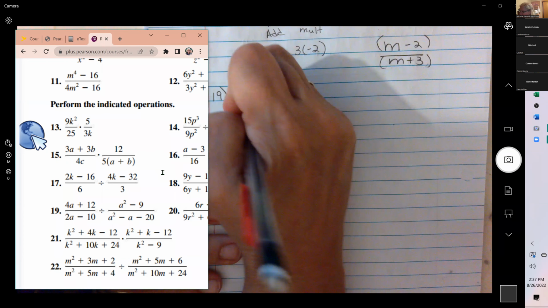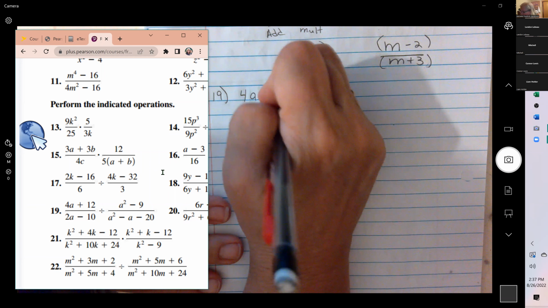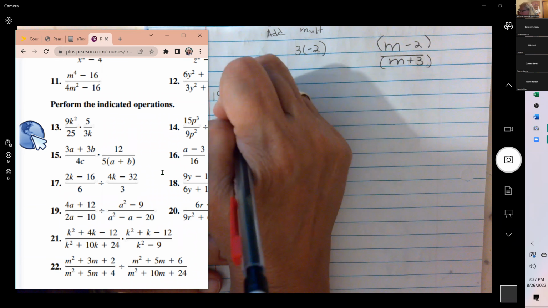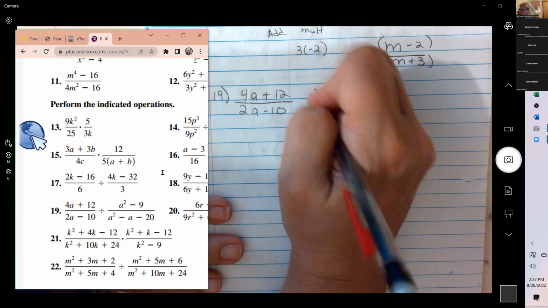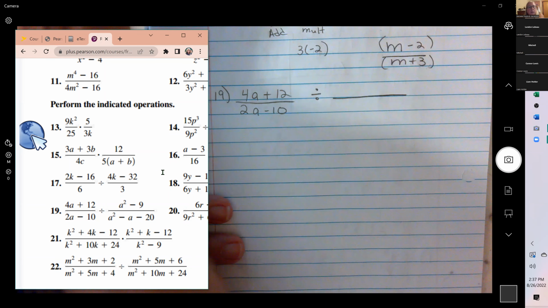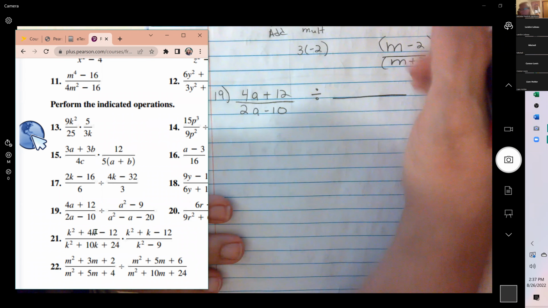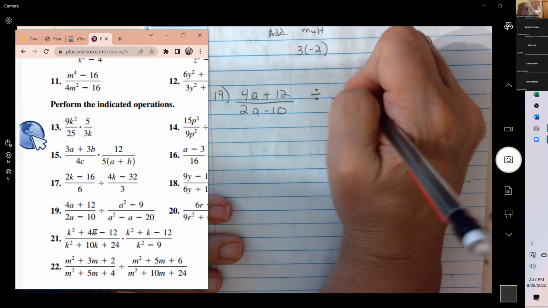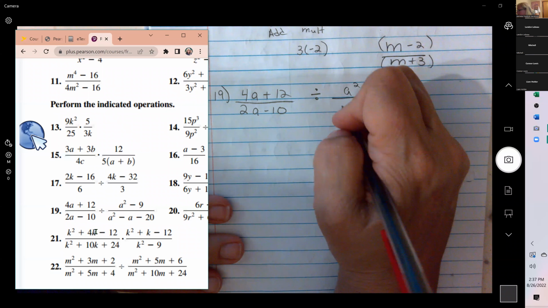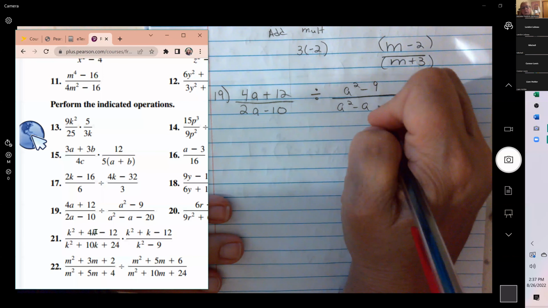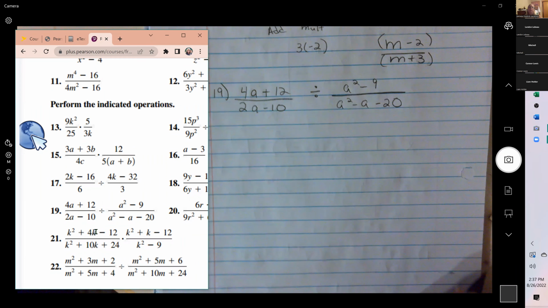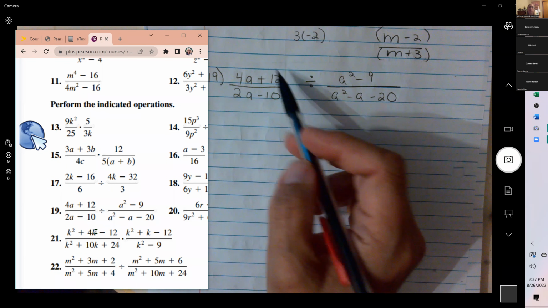I'm going to write the problem real quick though. So if you want to start factoring it, you can. So this is going to say in the same order.